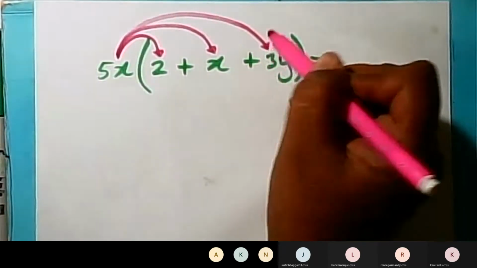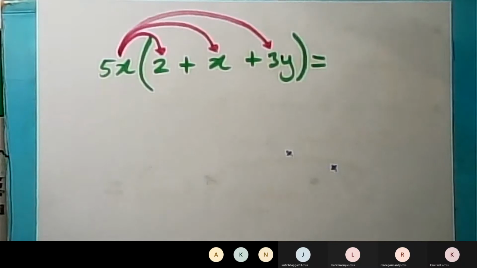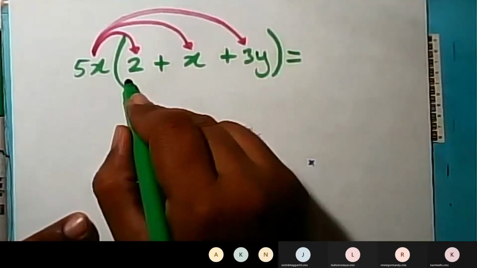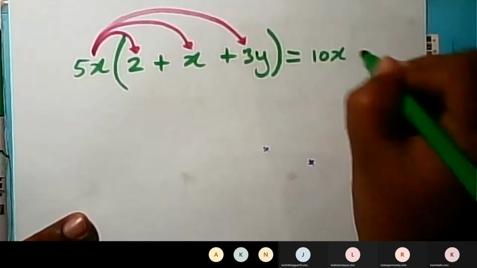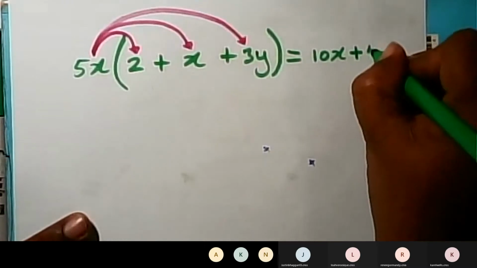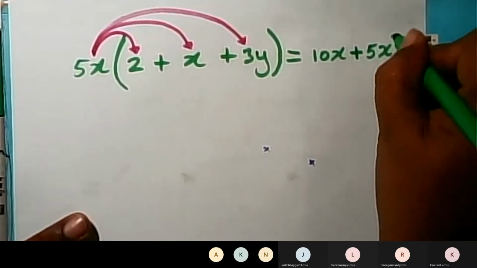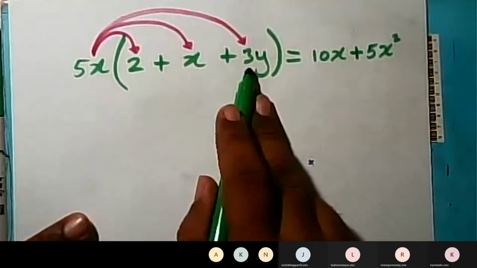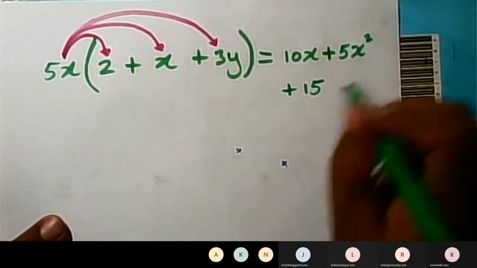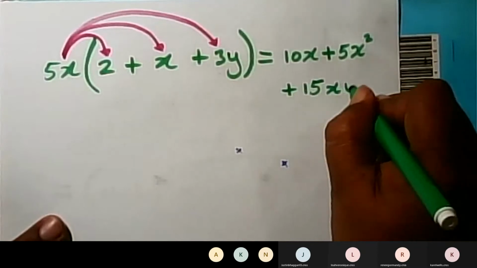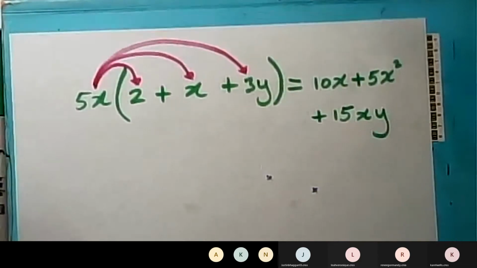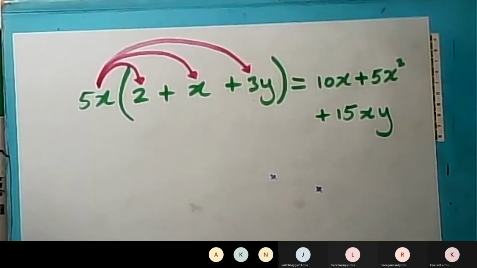I hope this is starting to make the algebra so much more friendly to you now. 5x times 2 is 10x. 5x times x will give you the next term, 5x squared. And 5x times 3y will give you a plus 15xy. I just ran out of space here, so I came down.